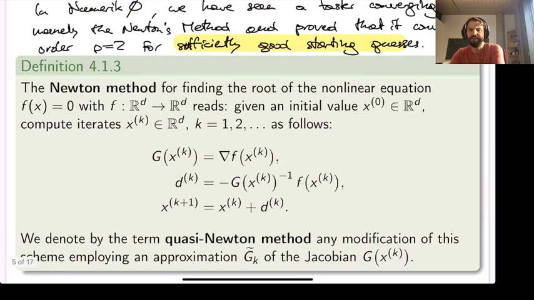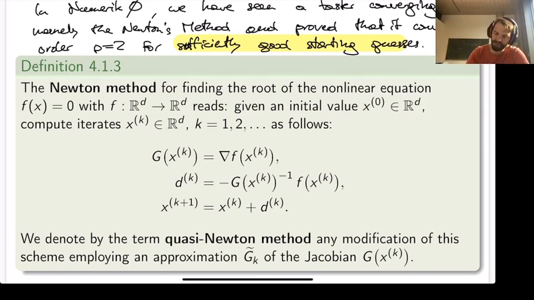Given an initial value x⁰ in ℝᵈ, and I'm using superscripts here to distinguish it from the time steps, the method computes iterates xᵏ in ℝᵈ, k = 1, 2, 3, etc. as follows. First of all, we compute the Jacobian.